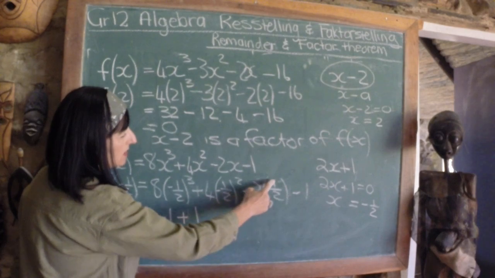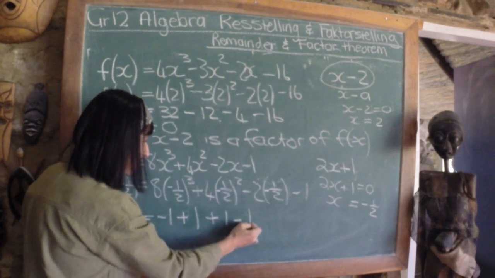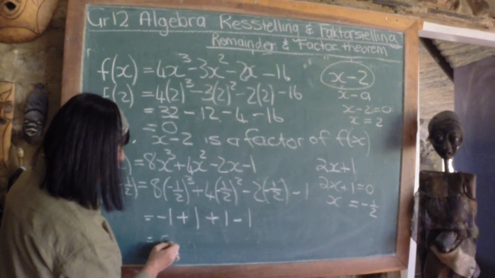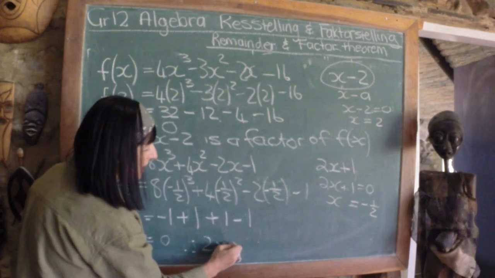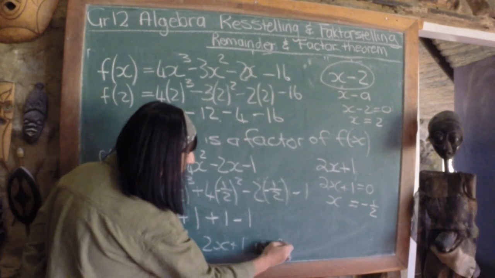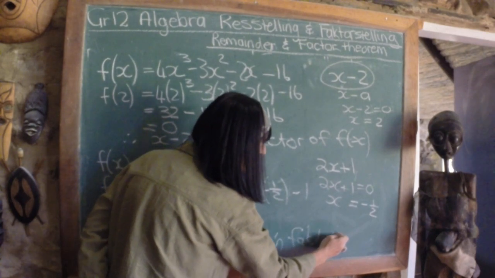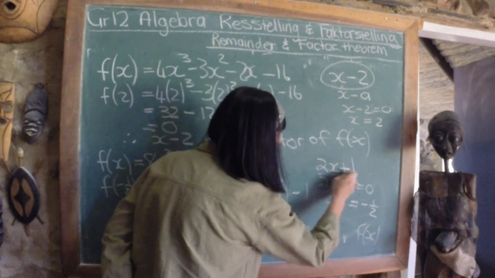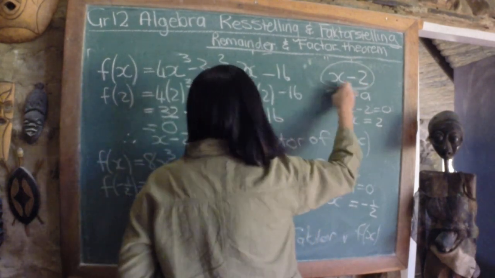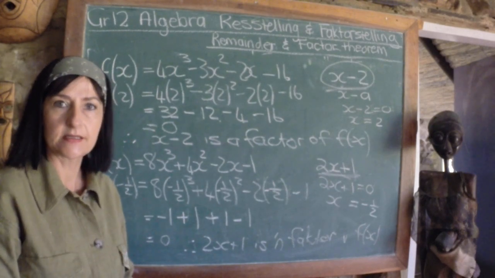Minus 2 times minus a half equals plus 1, minus 1, that gives me 0. Therefore, 2x plus 1 is a factor of f(x). That's how I prove that those are factors of these functions.